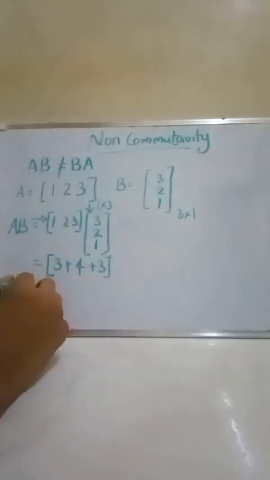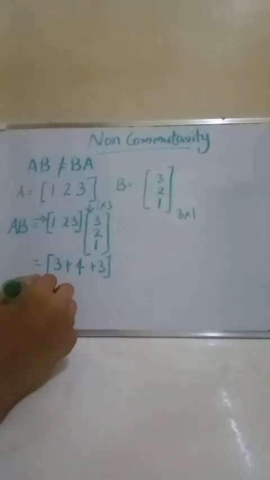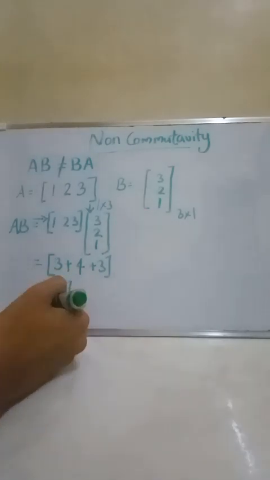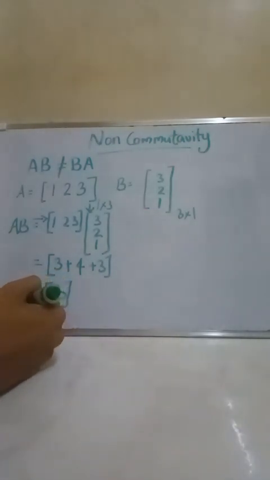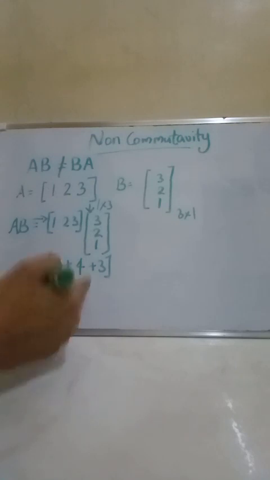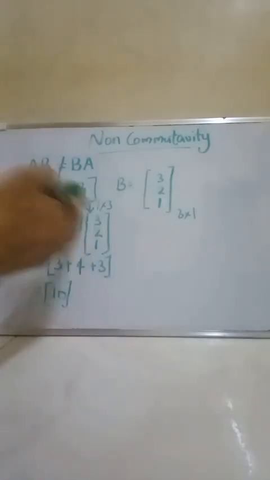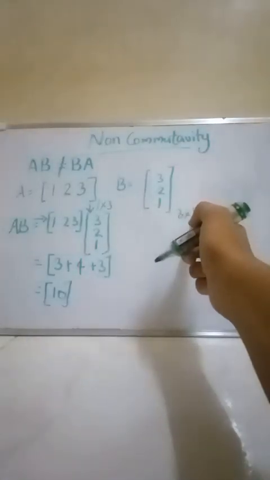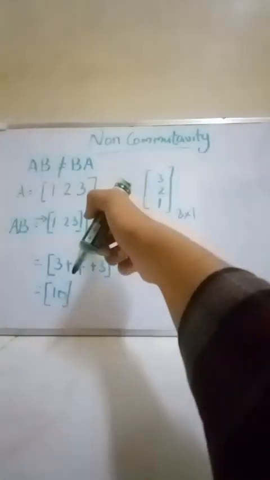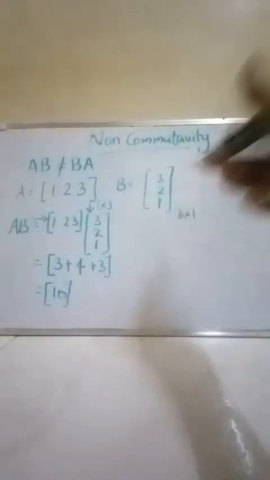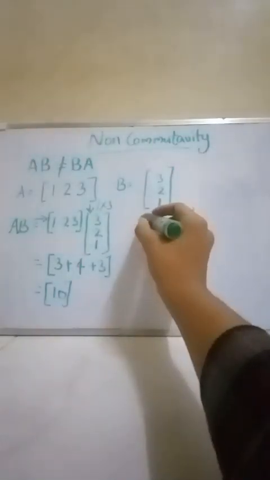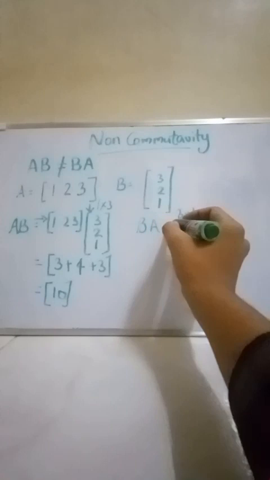So the final answer for AB is 10, which is a 1 by 1 matrix. Only one element is there, because the first matrix's row number is 1 and the second matrix's column number is 1. Now we have to check if BA is the same or not, right?